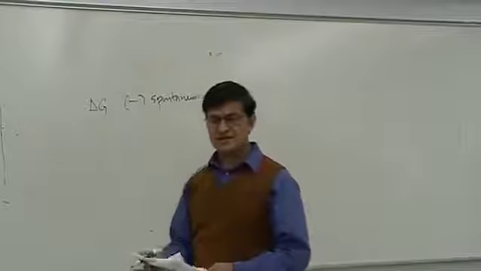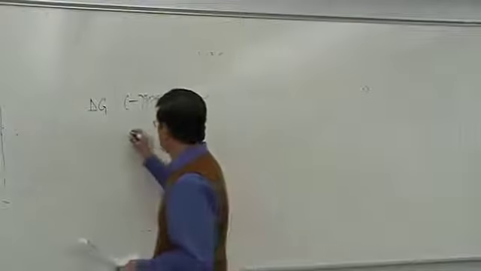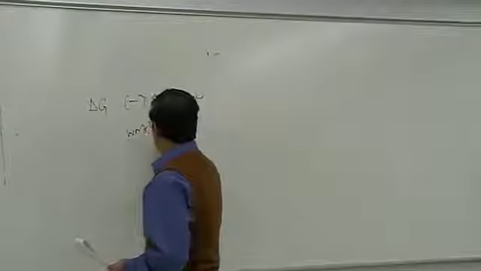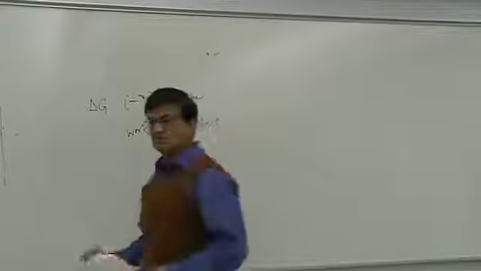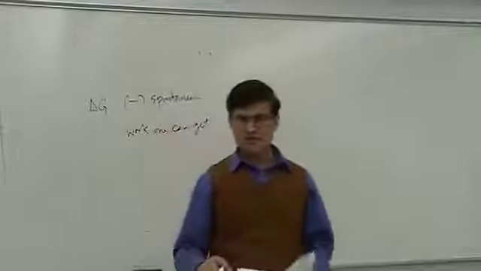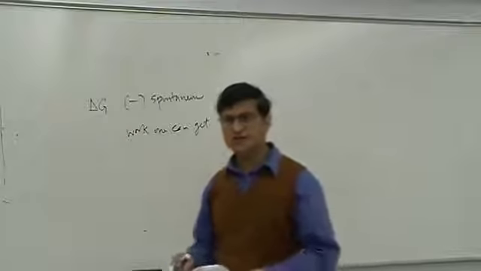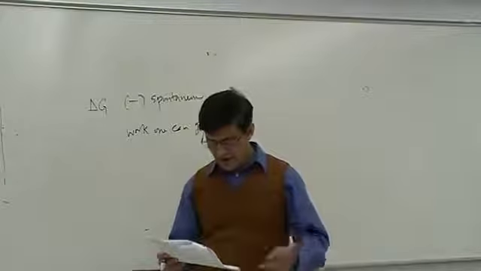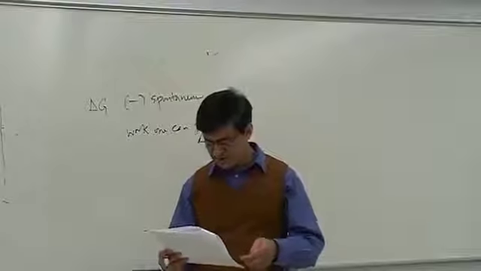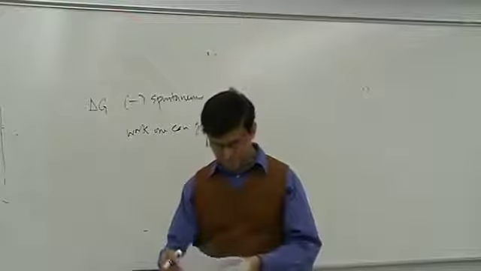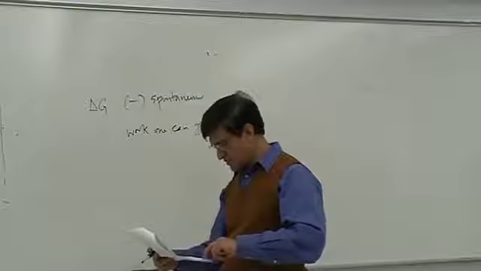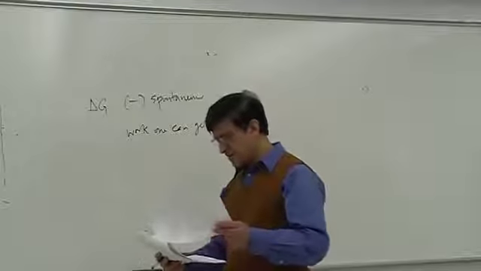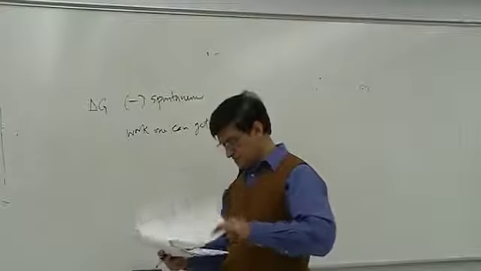It also tells us how much work you can get. So in an electrochemical reaction, by knowing the delta G value, I can tell how much electrical energy I can get from a particular reaction. So make sure you first understand what information you can get, and then you can do a problem.